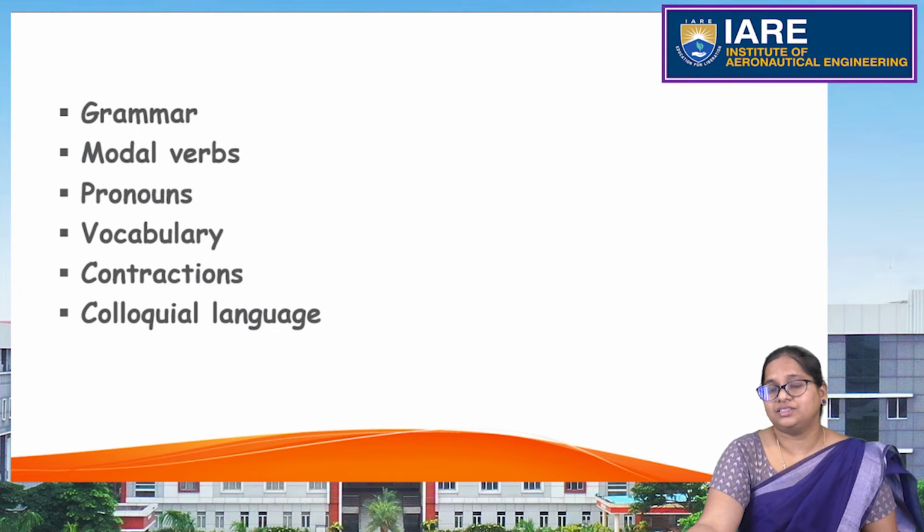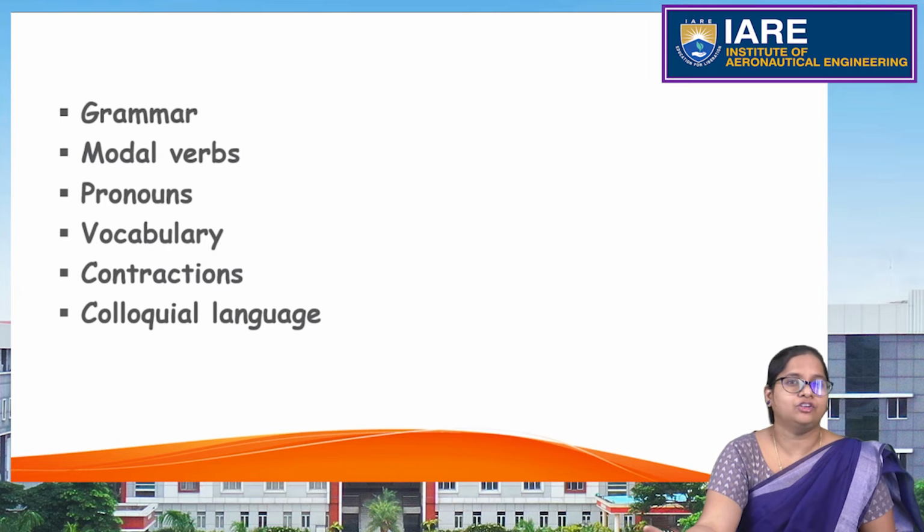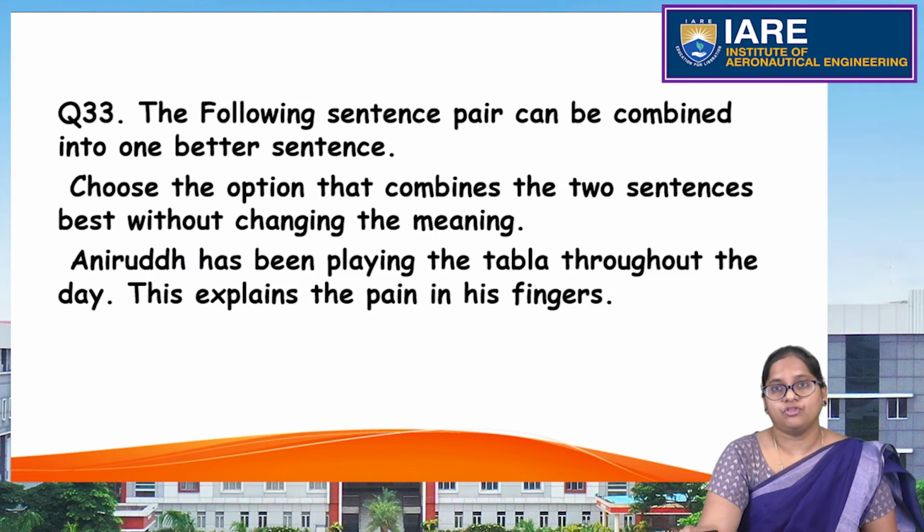Contractions like "can't" will be used in informal settings. Pronouns and modal verbs like "could you" will be used differently. Vocabulary also differs in the strength of the words. Contractions and colloquial words are not used in formal settings.